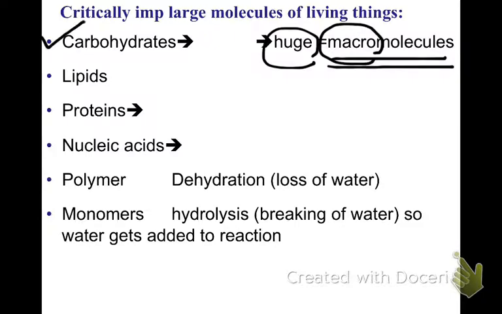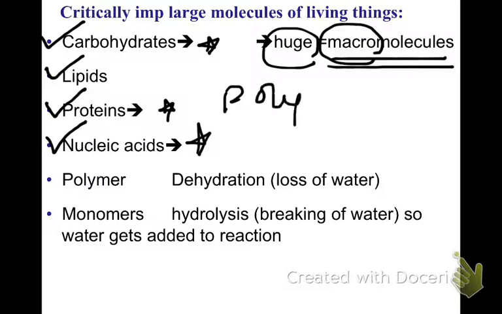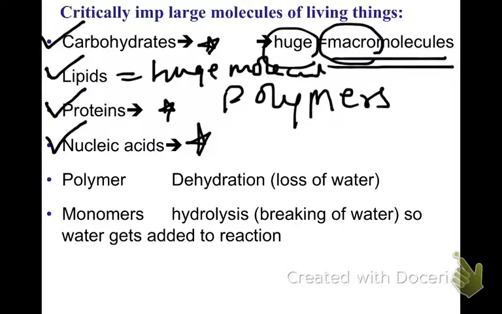One is a carbohydrate, another is a lipid, third is a protein, and the fourth is nucleic acid. Now, in this case, you have to remember that the carbohydrate, the protein and the nucleic acid are polymers, and lipid is just a huge molecule. It is not a polymer.